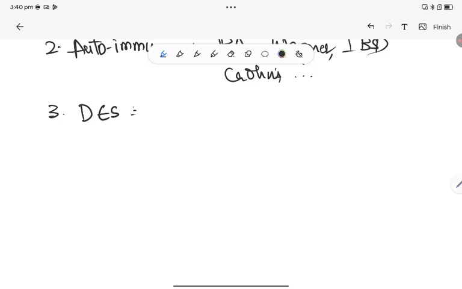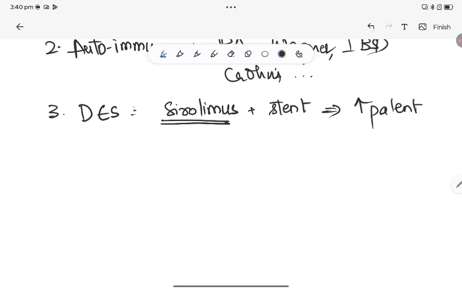In a stenting case, we add a stent which elutes sirolimus. This helps in maintaining the stent patent for longer durations because no immune response will be seen at the site of stenting.